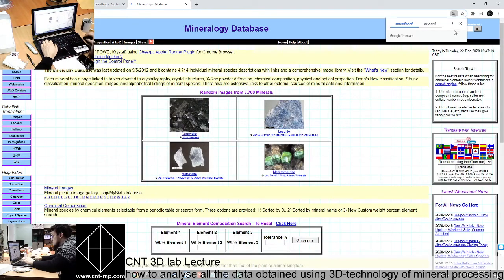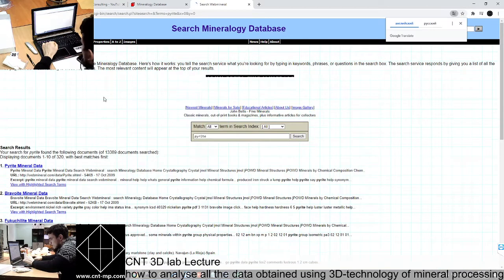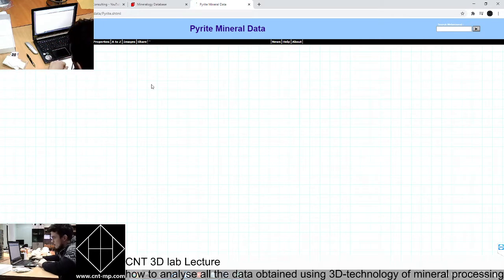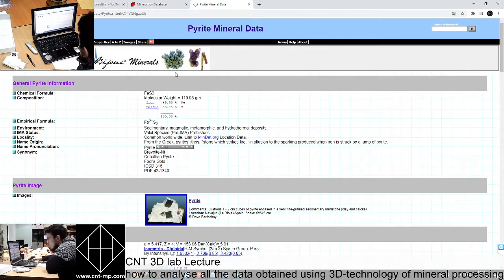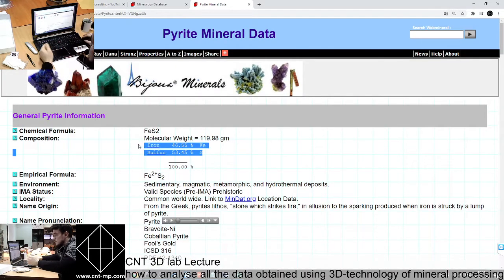For example, for pyrite mineral data, in the upper part of our window, we can see the content of particular elements in this mineral.